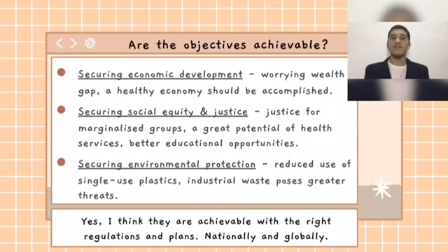So, are the objectives achievable or not? Let's take a look at the first one. Securing economic development. With how things are, we still have miles to go. This is due to the fact of the worrying wealth gap, as we can observe in our country itself. For example, business opportunities are concentrated more in the elite group of the society.